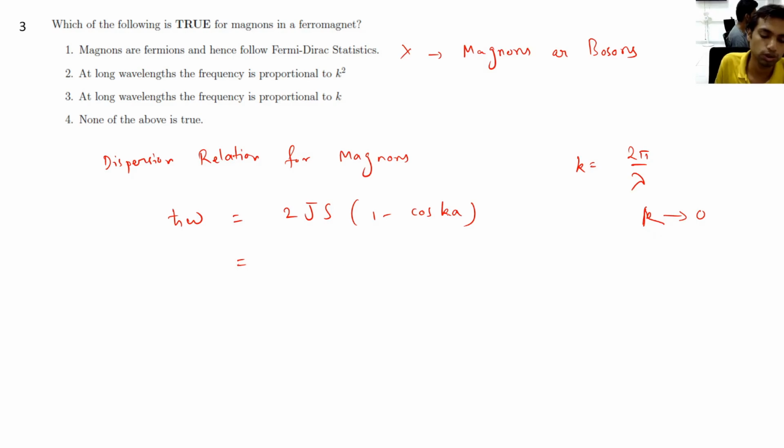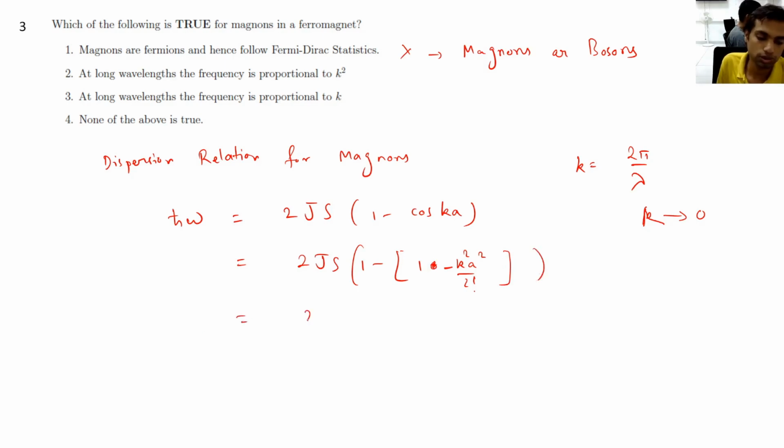So if k goes to 0, we can expand this around 0. It will be 2JS times 1 minus (1 minus k squared a squared over 2 factorial plus higher order terms that we neglect).